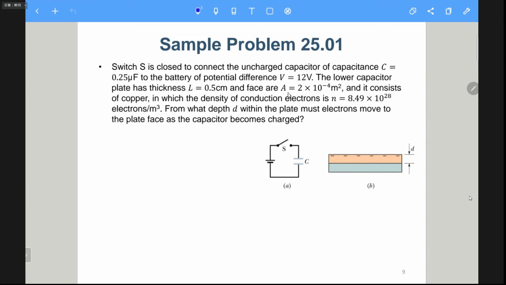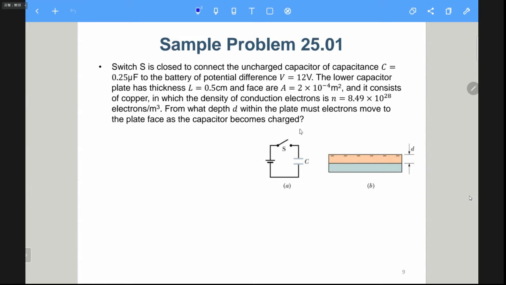The face area is A, and it consists of copper, in which the density of the conduction electrons is N electrons per meter cubed. For what depth D within the plate must electrons move to the plate face as the capacitor becomes charged?